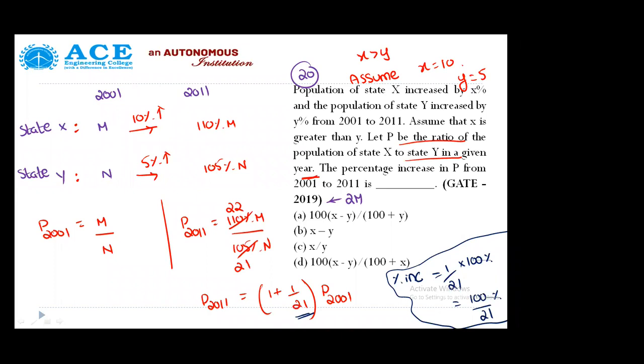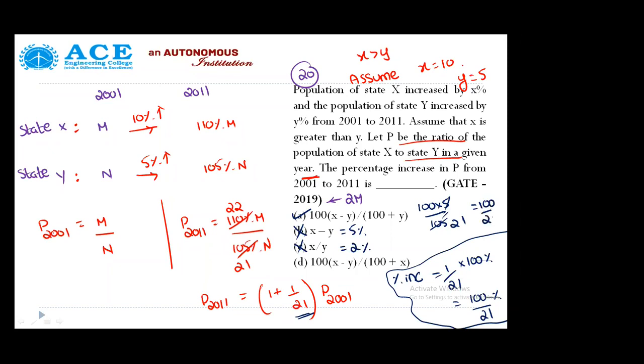It's not option B, not option C. Because this is 5, this will give 2. But we want 100 by 21, which is option A. Because 100 into 5 by 105, we got 100 by 21%.